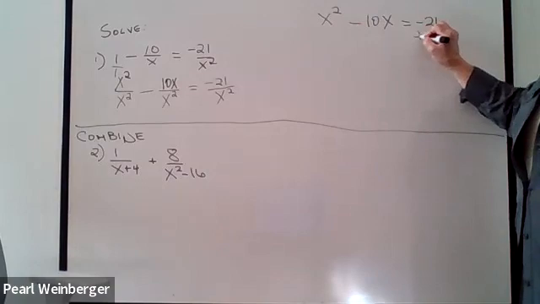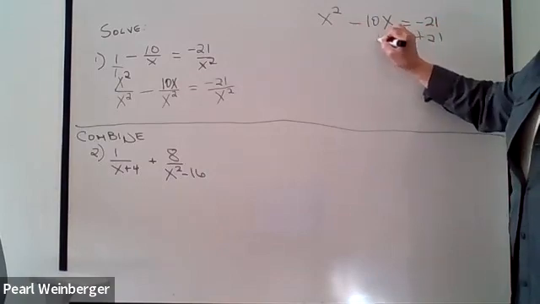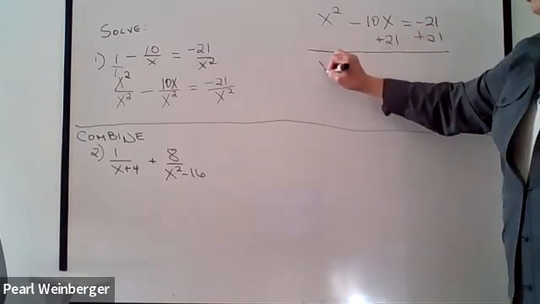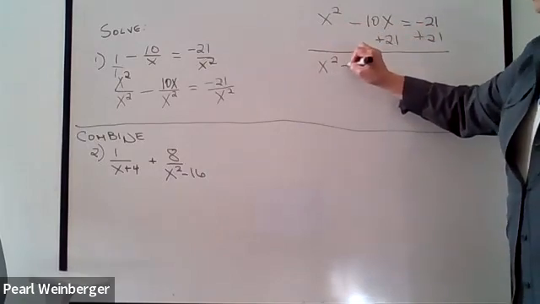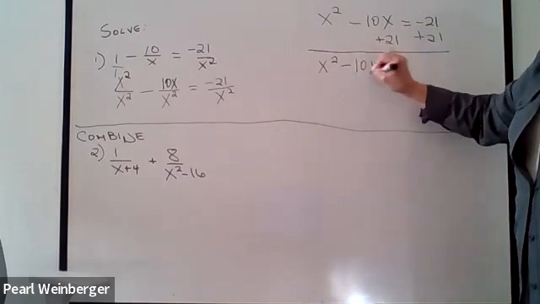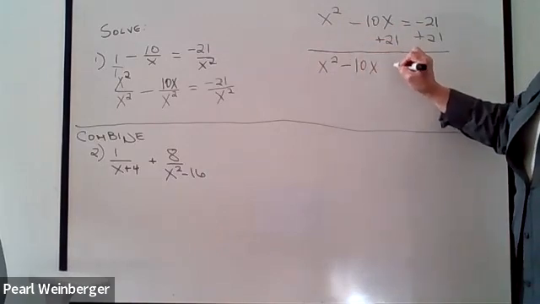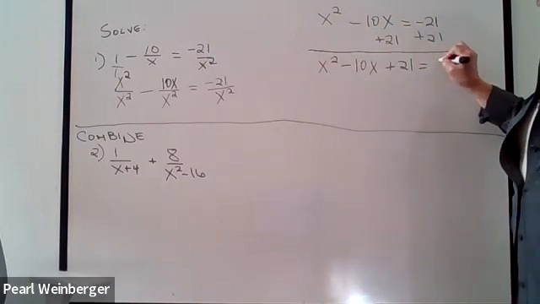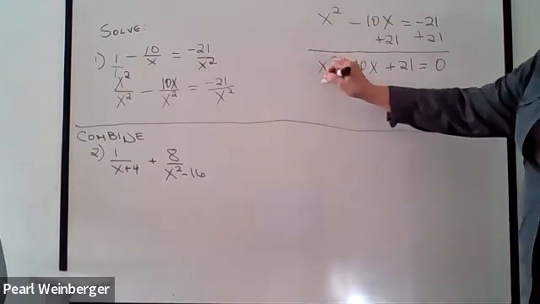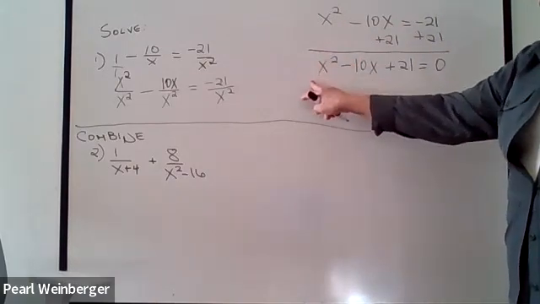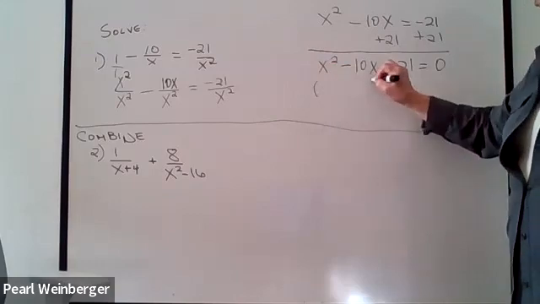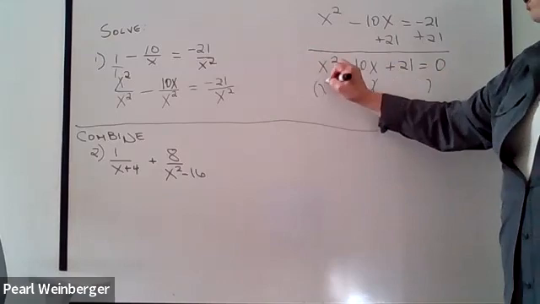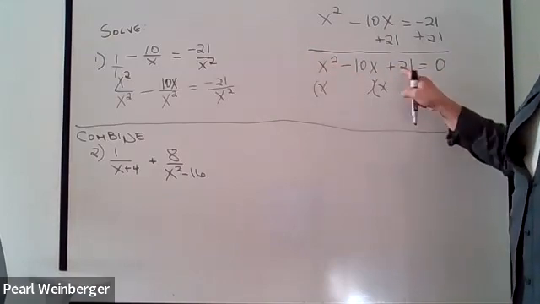So I'm going to add 21 to both sides in order to get everything equal to 0. So I get x squared minus 10x plus 21 equals 0. And then I'm going to want to factor it. Since my leading coefficient is 1, I can right away go to my 2 parentheses and break it up into the x and x.